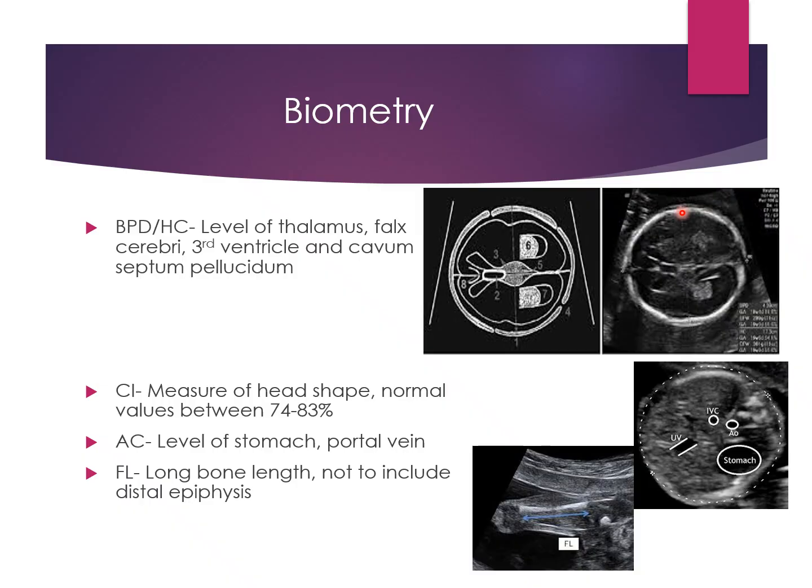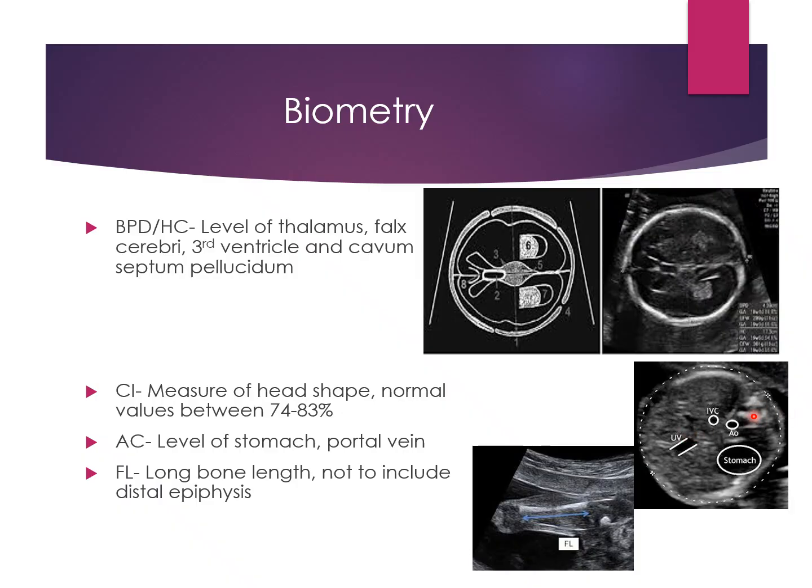Then we have our abdominal circumference. So this is at the level of the stomach and the portal vein. When we are looking at this, there are some landmarks you need to know so that you know how the baby is lying.